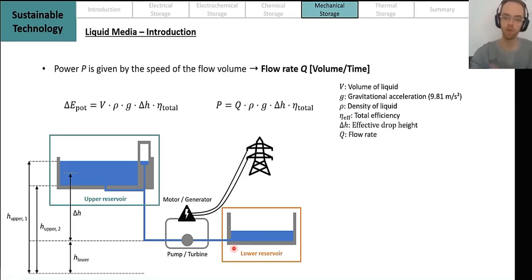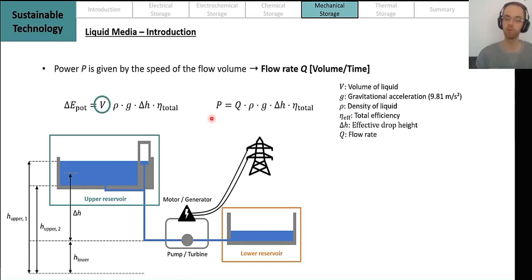So I want to have a look at each of these contributions to our delta E pot, so our difference in potential energy, therefore our basic energy storage, and at the power, which is basically how quickly we can charge or discharge this energy storage.